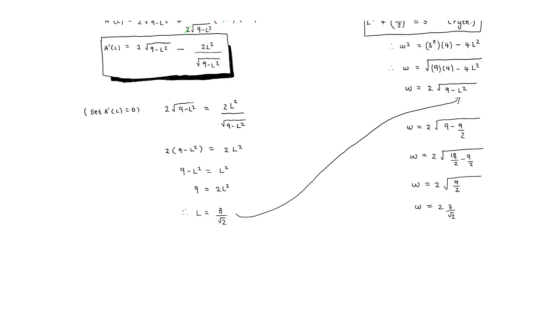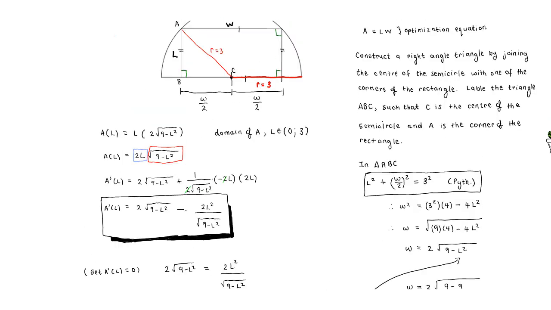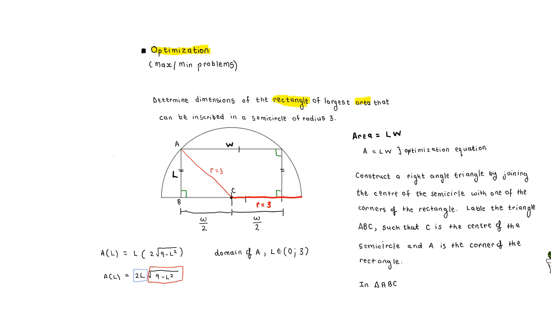It's always good practice to do a verification check that the value you obtained from setting your A prime formula equal to 0, in other words, from setting your derivative equal to 0, actually gives you your maximum or your minimum point, depending on what the question was asking you. Our question was asking us to find the largest area.